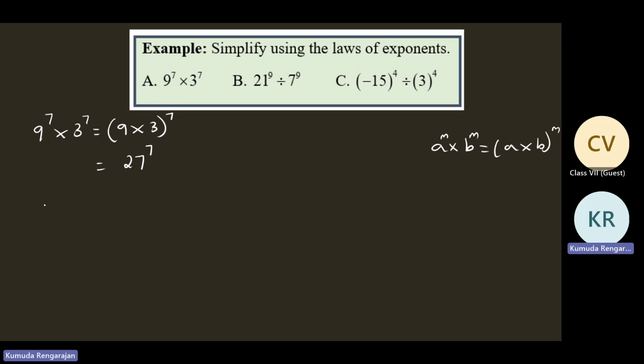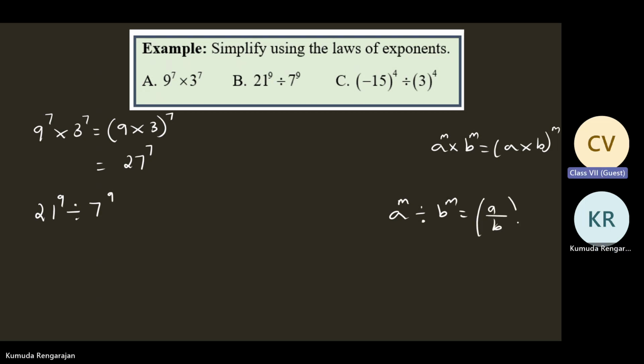Very good. Next one. What's the rule for the next one? Are the bases the same? No, they are different. So A, B. Is it multiplication or division? Division. Powers are the same? Yes, ma'am. Then what will be the result? A by B whole raised to the power M. Very good.